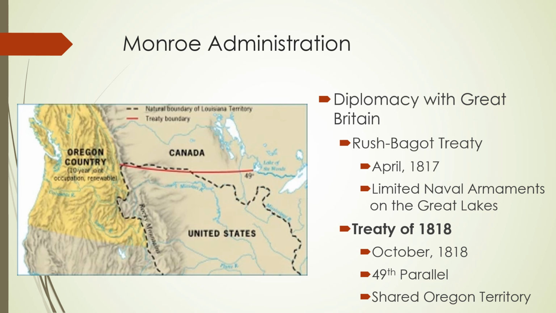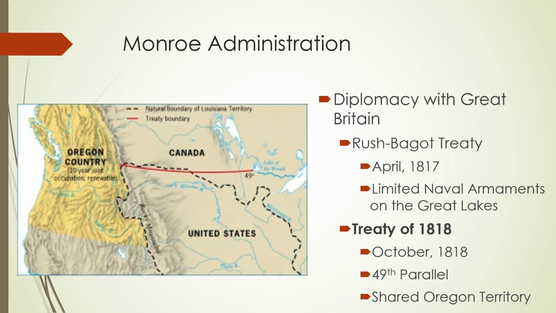And then there's the Treaty of 1818. There's actually a very long name for this treaty. We're just going to call it the Treaty of 1818. But what this does is it's going to basically draw a straight line across the 49th parallel, all right? From the Great Lakes to the Rocky Mountains.